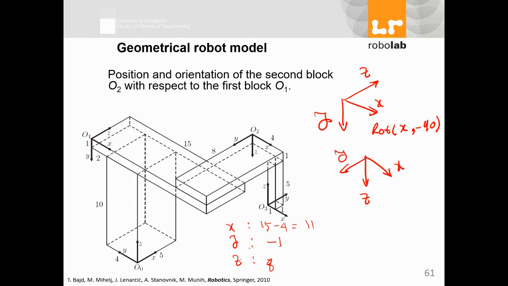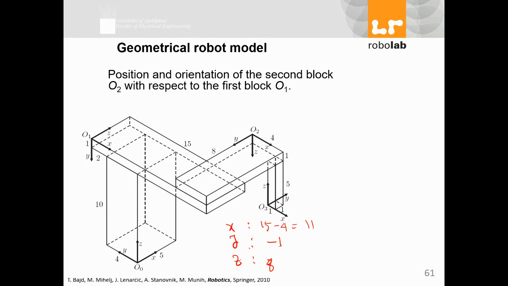If I consider my thumb in the direction of X and rotate in the negative direction, meaning clockwise around X, I will get the second coordinate system. So with this, what I get is a rotation of X by negative 90 degrees, and also a translation of 11, negative 1, and 8.